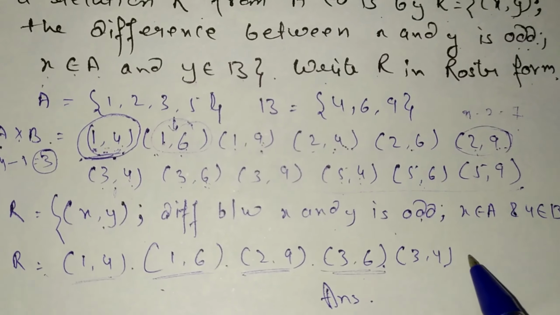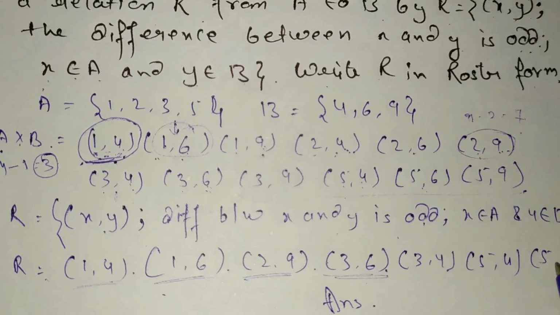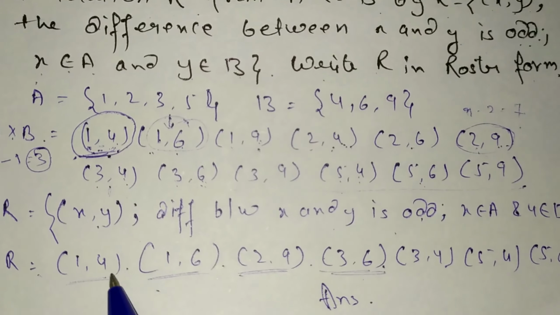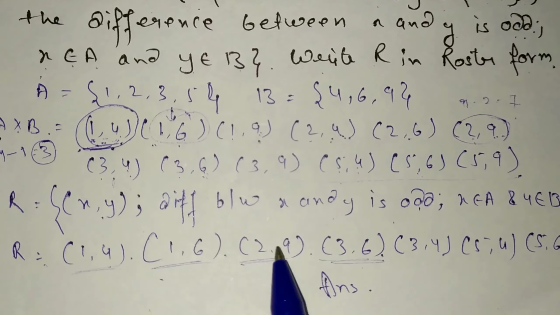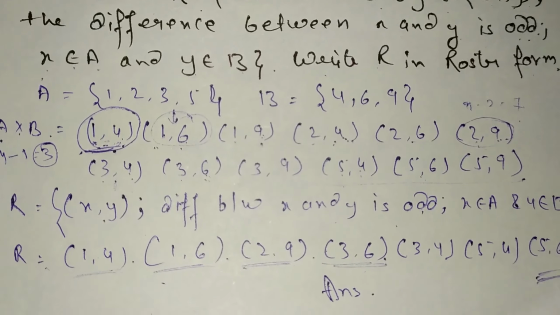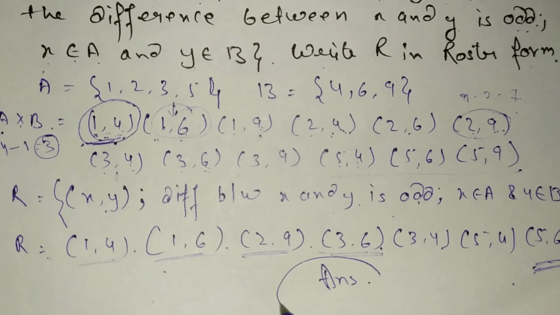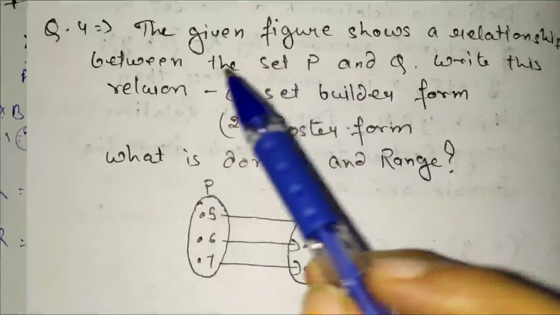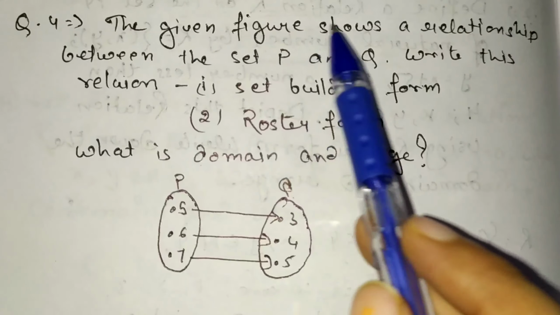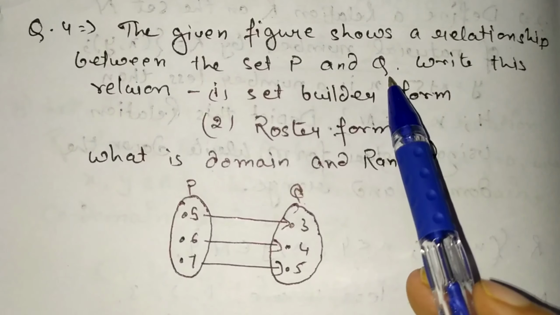Similarly we will take 5 and 4 and 5 and 6. Now we have a total of 1, 2, 3, 4, 5, 6, 7 products to satisfy our relation, and this is our answer.